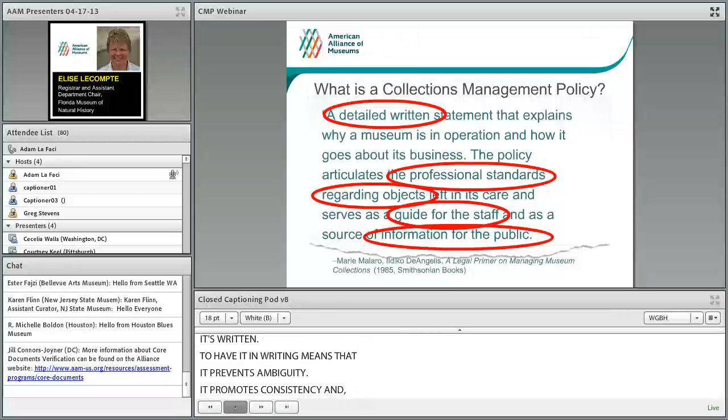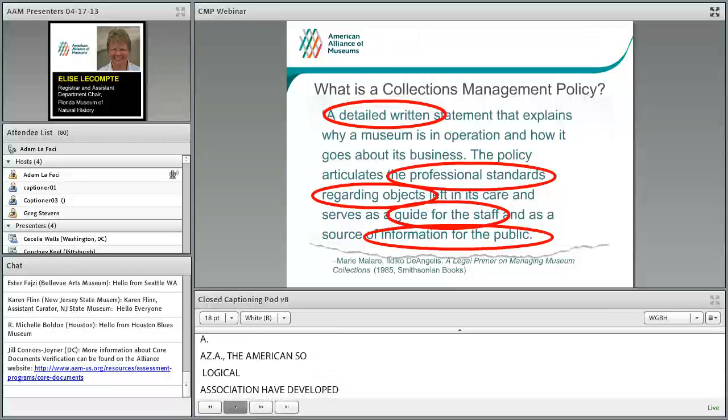The next phrase is professional standards. And we all know that organizations like AAM and AASLH and AZA, which is the American Zoological Association, all have developed professional standards for the field of museums. And so it's important that our policies relate to these professional standards and best practices.